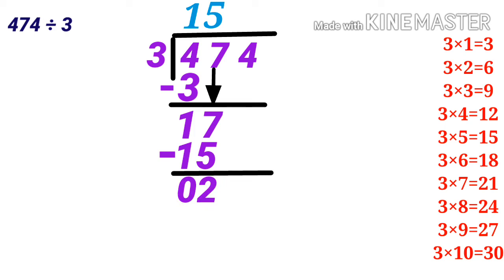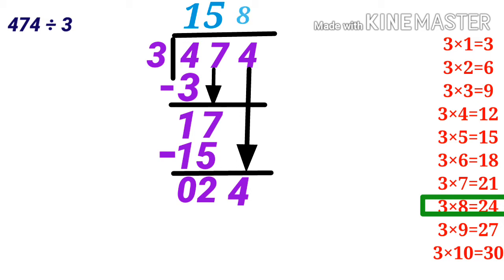As usual, I'll bring the next digit, that is 4, down so that the next number to be divided is 24. Now, let me check how many 3's go in 24. It's 8 times. 3 into 8 is equal to 24.